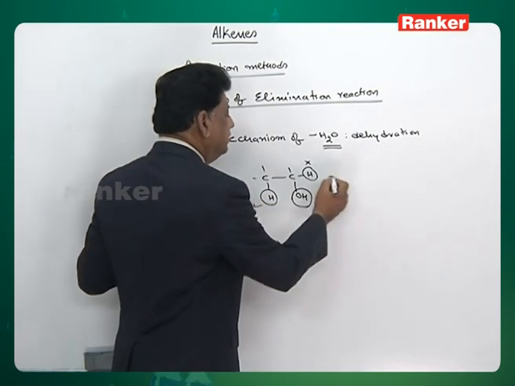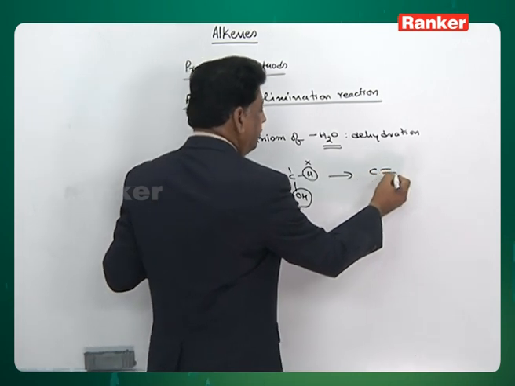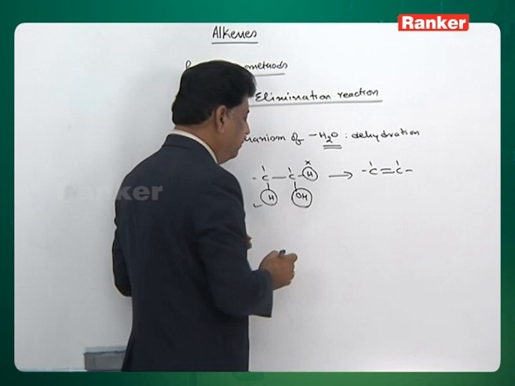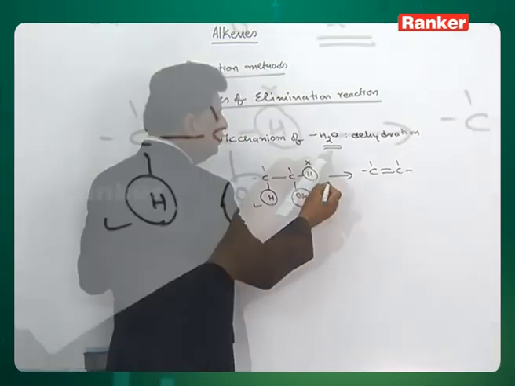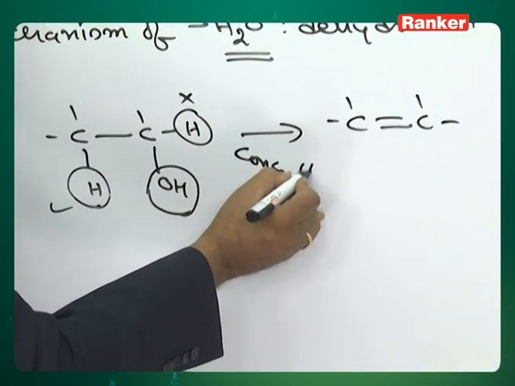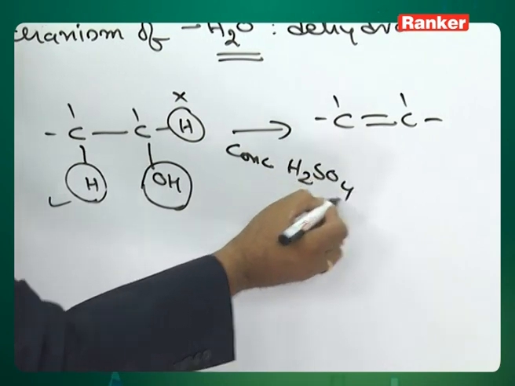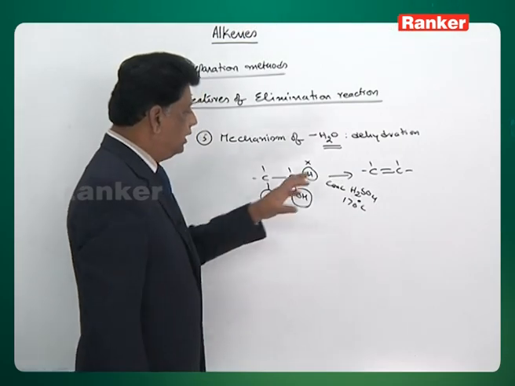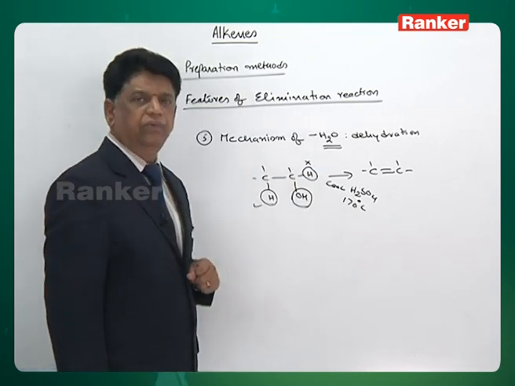So, now the mechanism finally is that a double bond is formed. So, the beta hydrogen and the OH are going out. But this reaction is catalyzed by concentrated sulfuric acid at a temperature around 170 degrees centigrade. Now, what exactly is the role of sulfuric acid here?